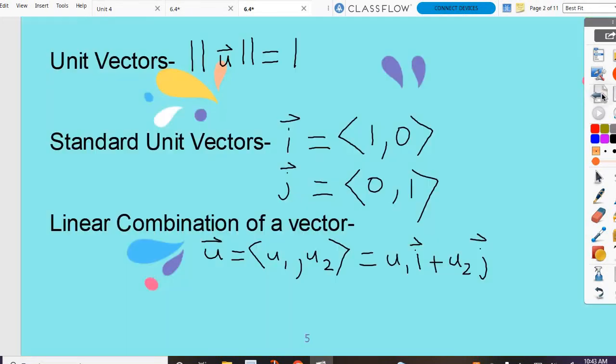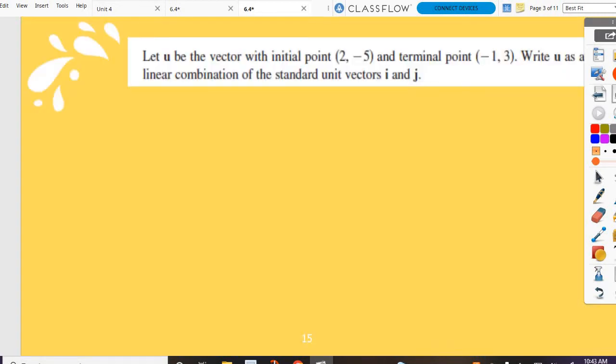Now notice that what format is u in when I use my definition? Component form, right? So we need to write u in component form before we can write it in linear combination form. Does that make sense? Yeah. So how do we put things in component form?